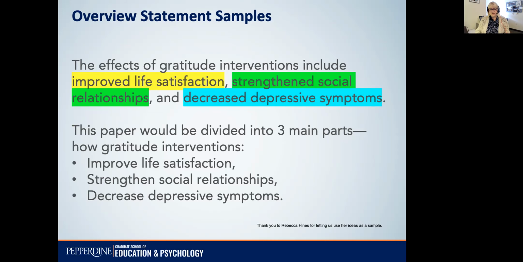For the COVID example, it would be something like the effects of the COVID-19 pandemic on US adolescents include increased anxiety, which had multiple causes, including isolation, emotional dysregulation, and stress, you know, whatever it would be.